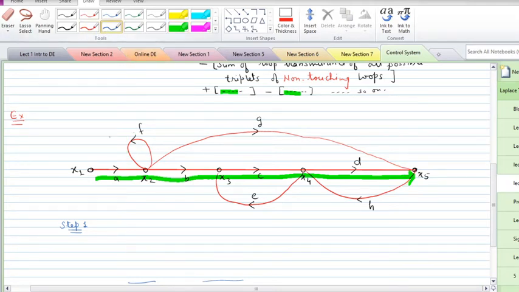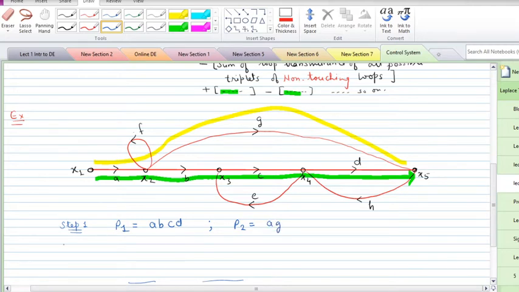Let us name this forward path P1, with transmittance a, b, c, d. The second forward path is like this. Let's name it P2, and P2 equals a g.